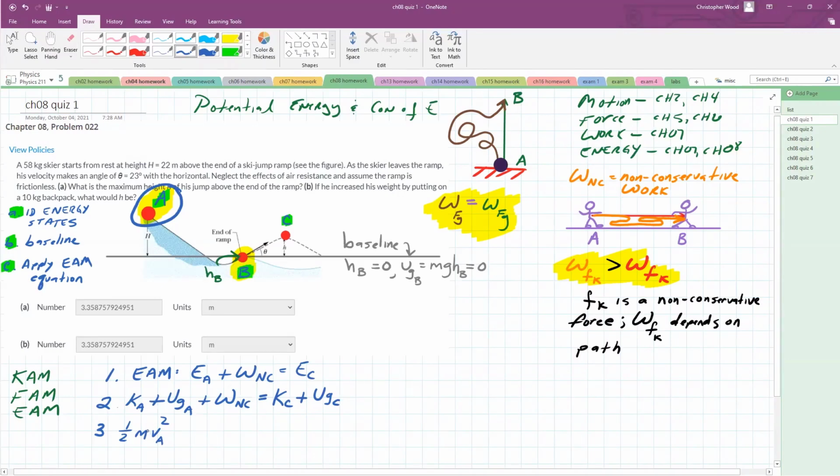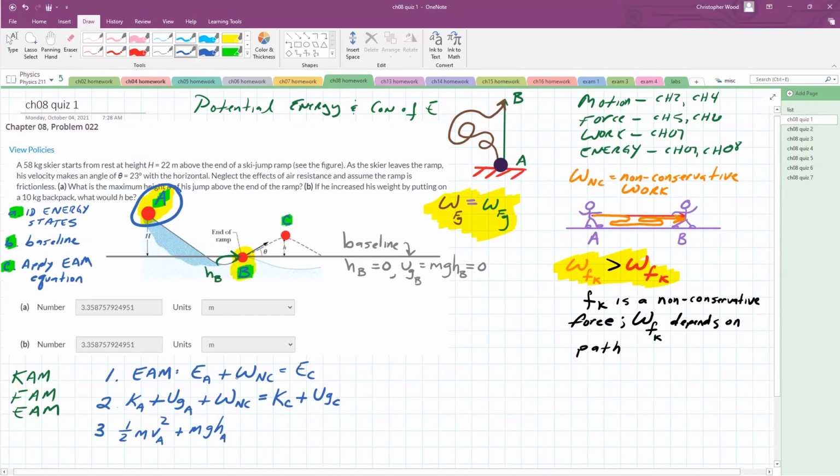And by grader, I mean your instructor or your boss or a customer or a colleague. You have to present work that's really easy to follow. So that's kinetic energy at A. Here's gravitational potential energy at state A, m g h_A. Gravity only cares about position with respect to a baseline, and that's what I have.